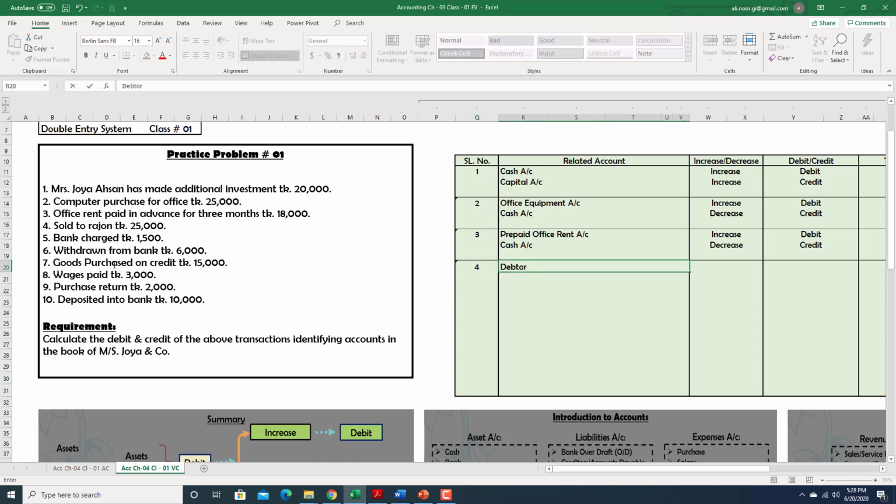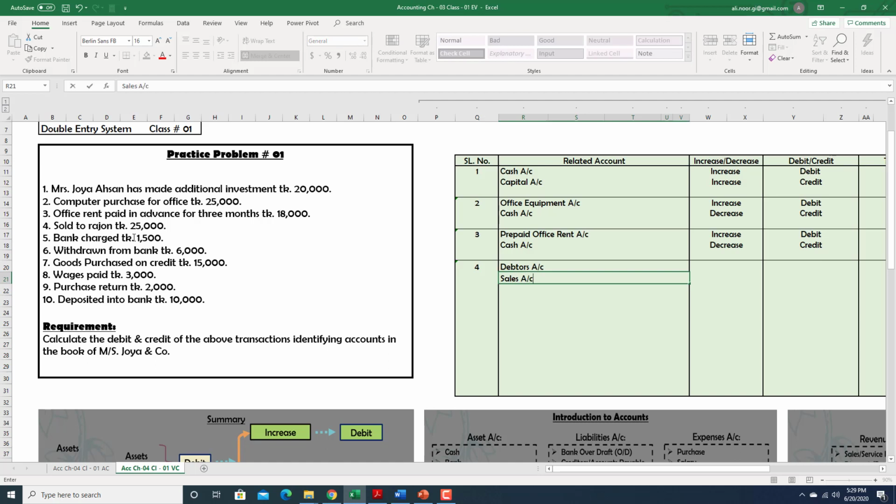You can write accounts receivable, or sometimes some teachers recommend to write accounts receivable rather than debtors. You can write whatever you like. So debtors account and sales account.